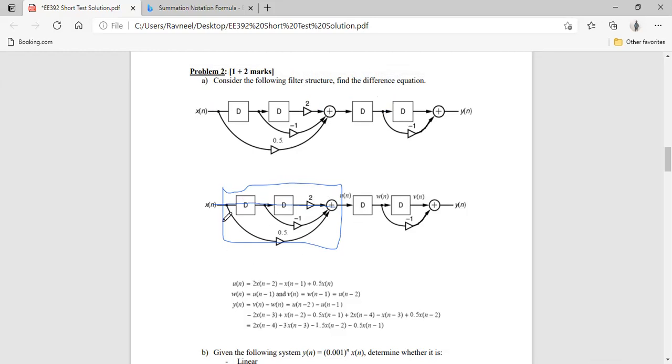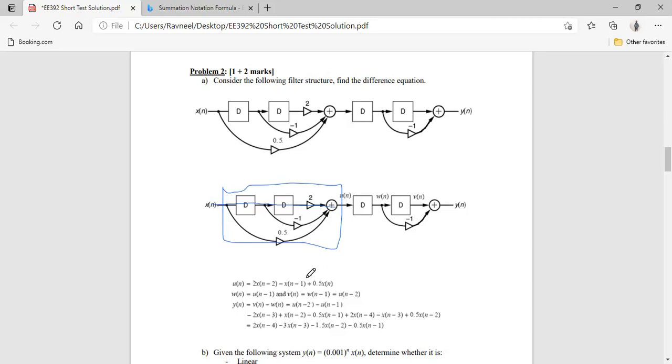The second part would be x of n going through 1 delay block, and then multiplied with -1. So that would be x of n minus 1 multiplied by -1, giving us negative x of n minus 1.